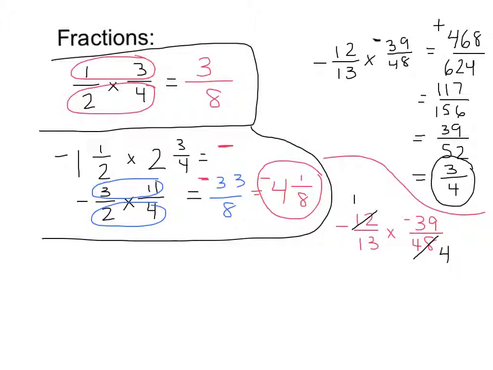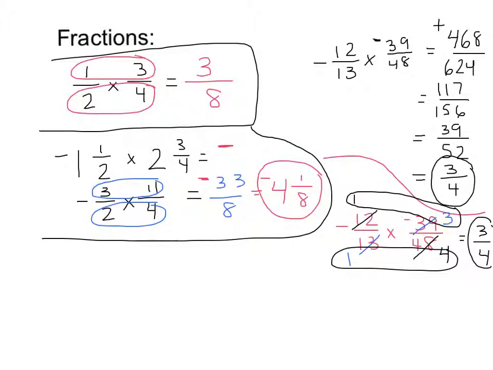If I look at 13 and 39, 13 is divisible by 13 once, 39 is divisible by 13 3 times. So then if I multiply these numbers, 1 times 3 is 3, 4 times 1 is 4, I get the same answer, but it's a lot quicker using the simplification.